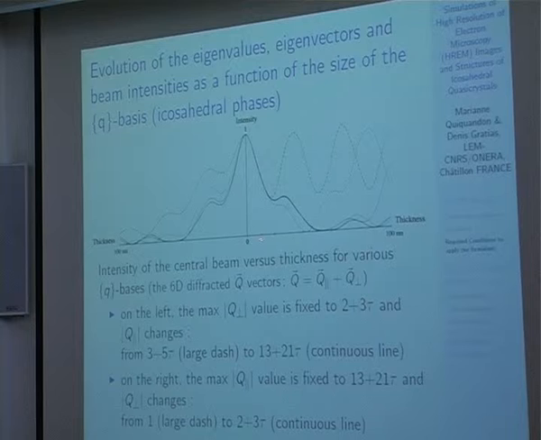The other thing that we can notice is that in this right part, the evolution of the intensity is periodic for this large dashed line. This periodicity is due to the truncation of the Q basis, and especially of the perpendicular component of the Q basis.